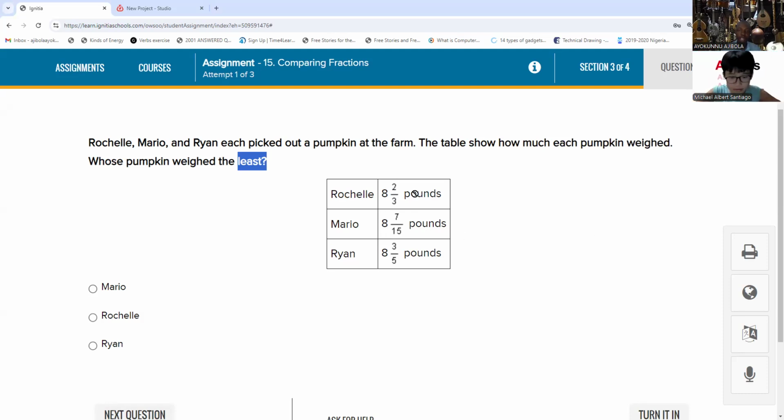Which is the smallest one? That's Mario. Correct, Mario, that's correct.